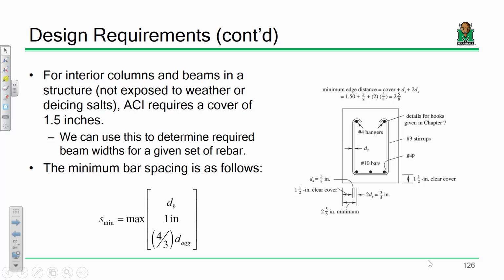I've got the stirrup, and typical stirrups are either going to be number 3 stirrups or number 4 stirrups. That's pretty common with structural design, unless you got some really hefty shear load, which usually isn't the case for most interior beams. So I got 1.5, 1.5. I got a number 3. What's the diameter of a number 3?